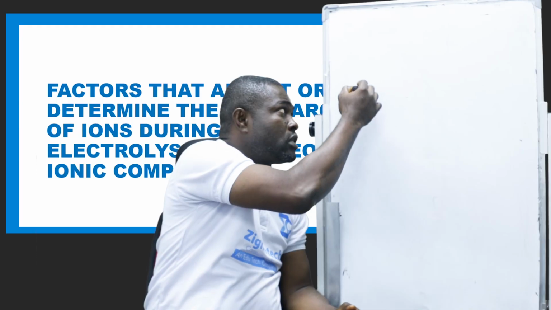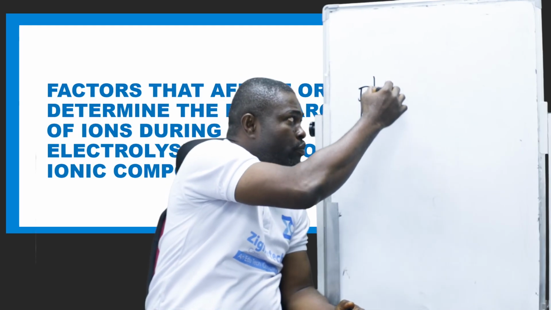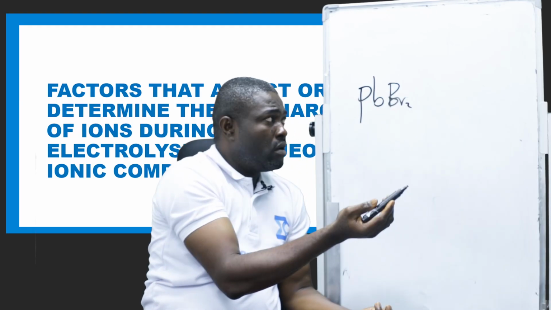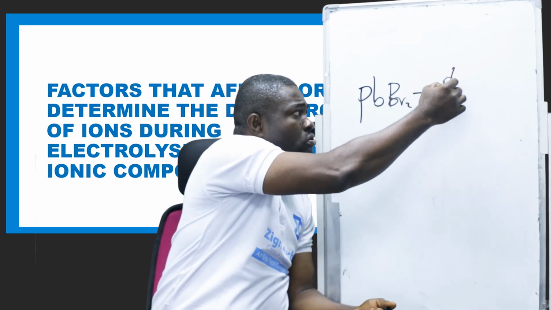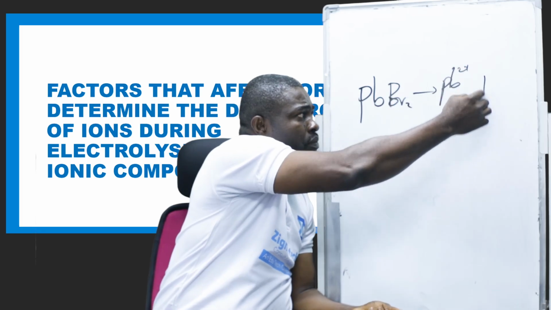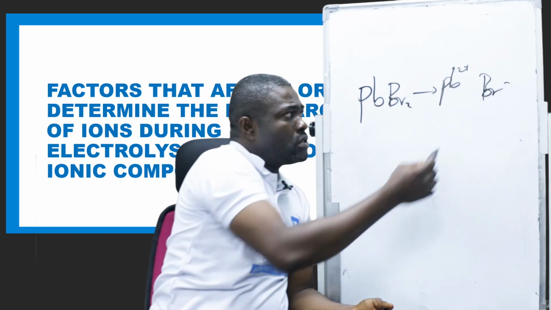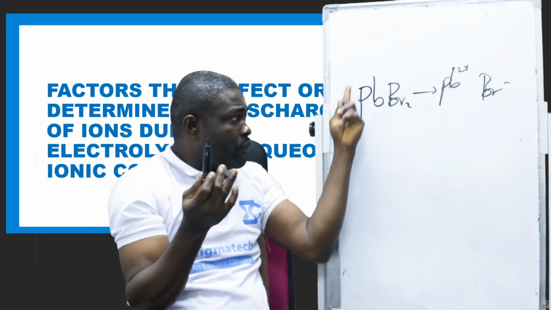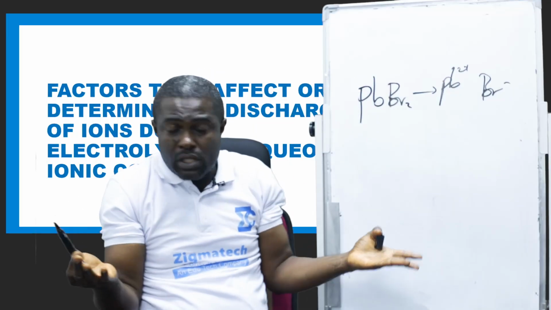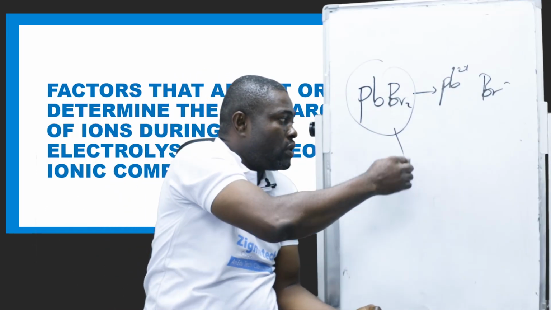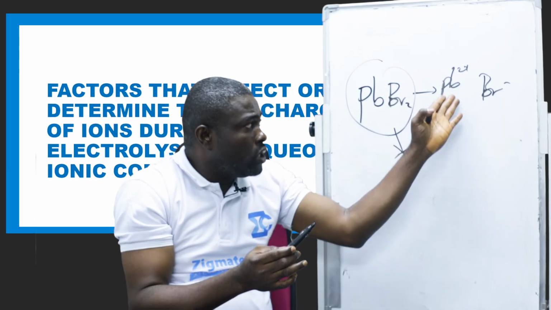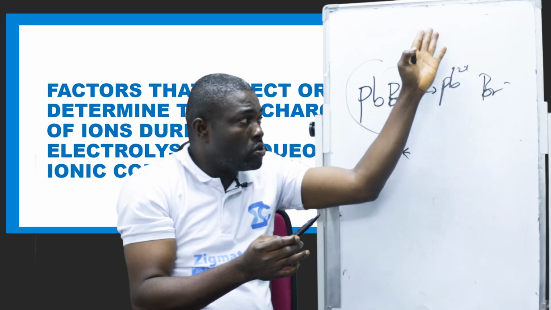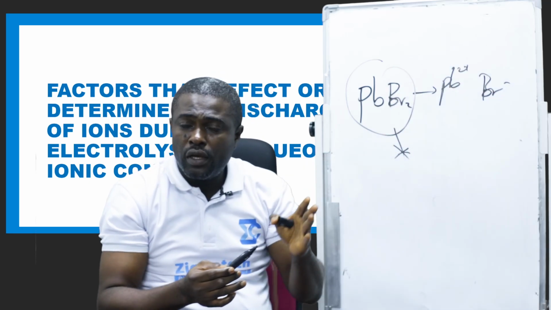If I have molten lead 2 bromide, I only have two things there. I only have lead 2 and the bromide ion, Br minus. This compound is not dissolved in water. So this goes to the negative electrode and this goes to the positive electrode.